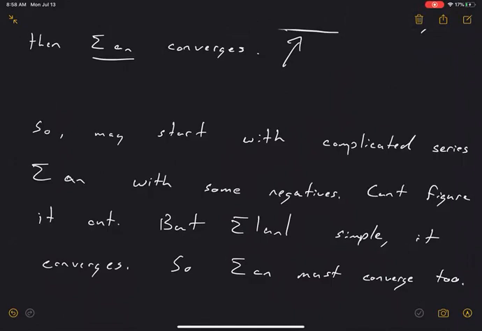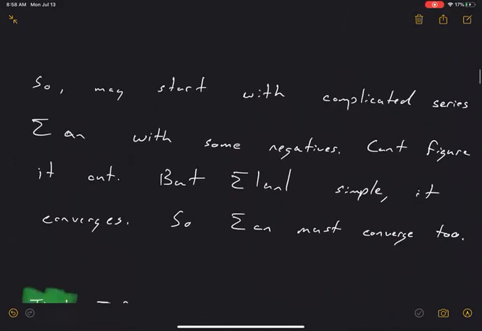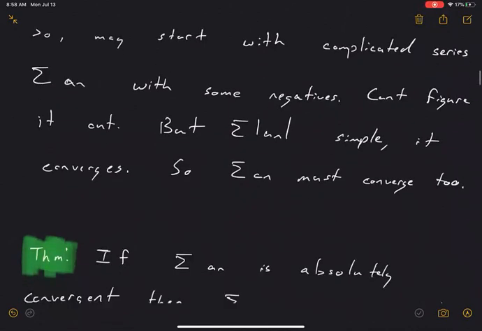As I said, we might start with some complicated series a sub n, and maybe it's got some negatives and we can't figure it out. But when we consider the series of absolute values, it becomes much simpler and we see it converges. And so that must mean that our original series a sub n also converges.